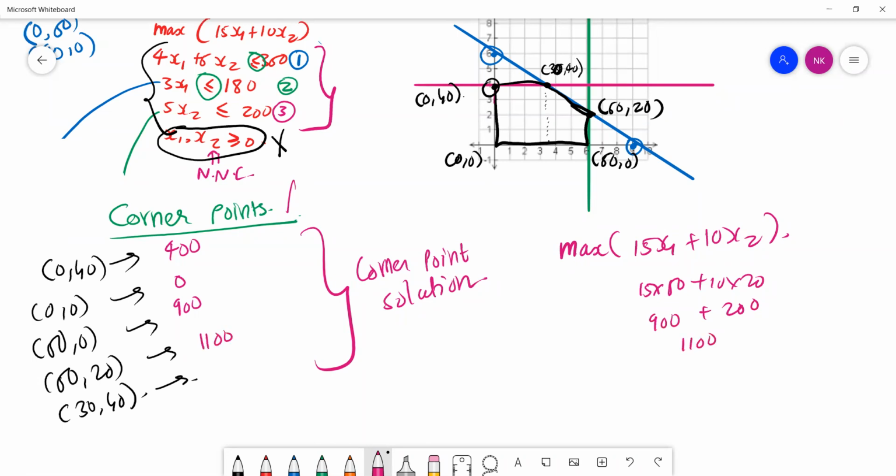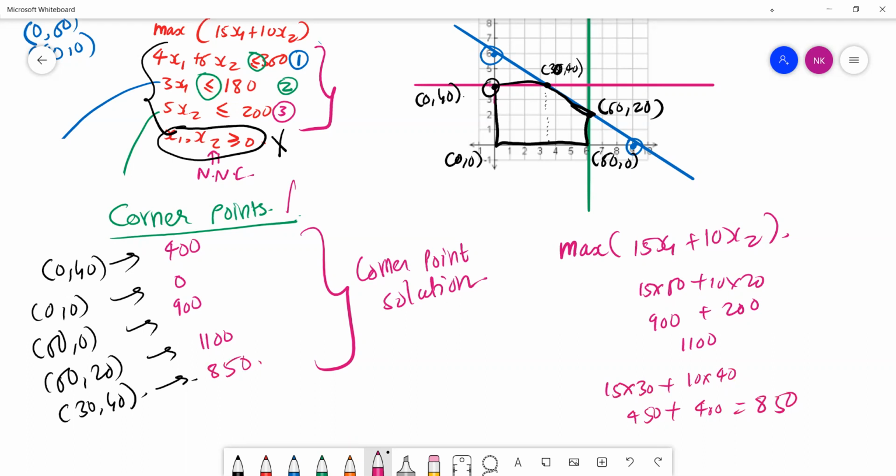Point out to me if I am going in the wrong calculation. And 30 comma 40. So it's nothing but 15 multiplied by 30 plus 10 multiplied by 40. So this is 450 plus 400. It's 850.